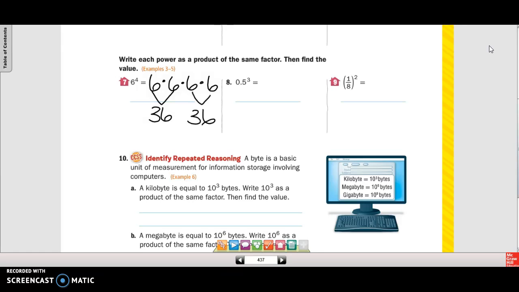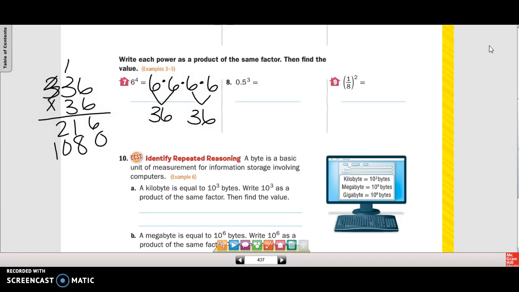Now we're going to have to multiply that together. I don't know that off the top of my head, so I have to come over here and multiply. So I got 1,296.